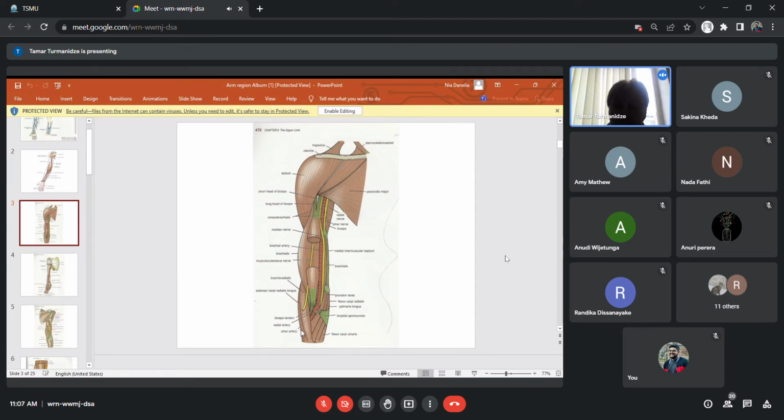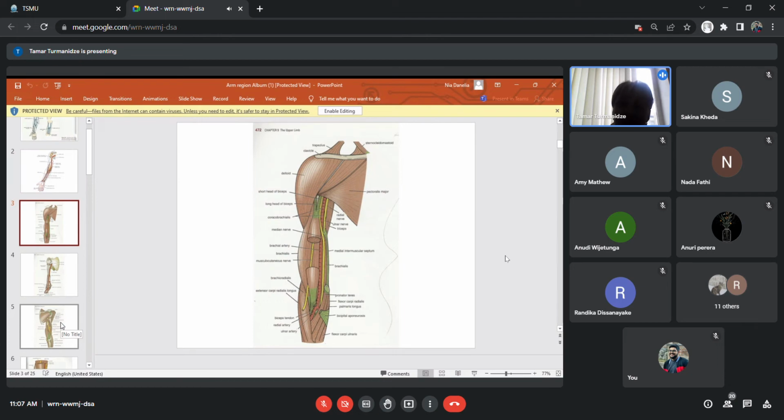The fourth nerve, which is located deeply on the arm region, is the radial nerve. Origin of the radial nerve: it comes from the posterior cord of the brachial plexus in the pectoral triangle. In the subpectoral triangle of the infraclavicular region of the shoulder, it lies where?